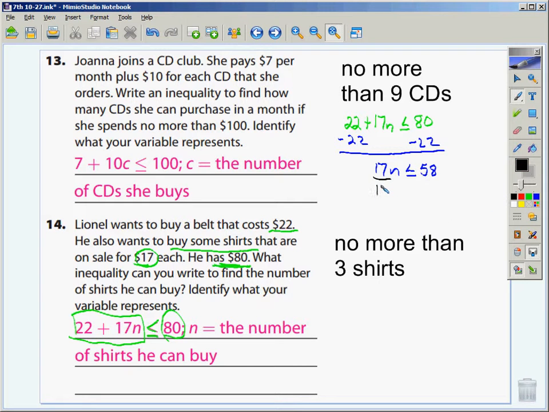When I divide by 17, I get n is less than or equal to 3.41 something. It's talking about the number of shirts. Can I buy part of a shirt? No. That's why I can't buy more than what? 3 shirts. That way I'd still have a little bit of my $80 left.